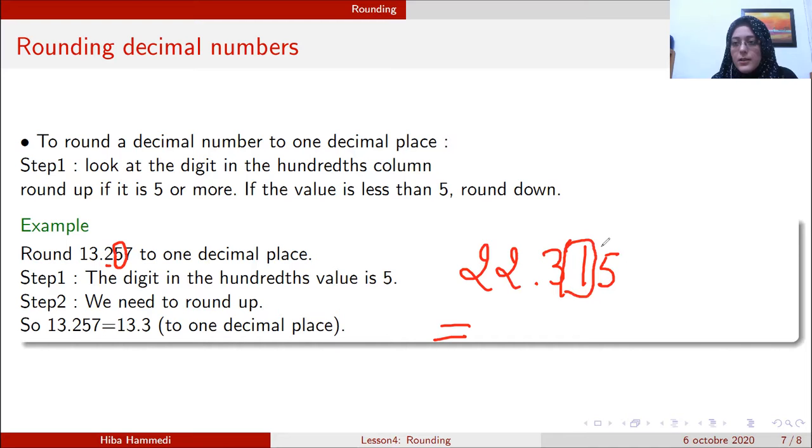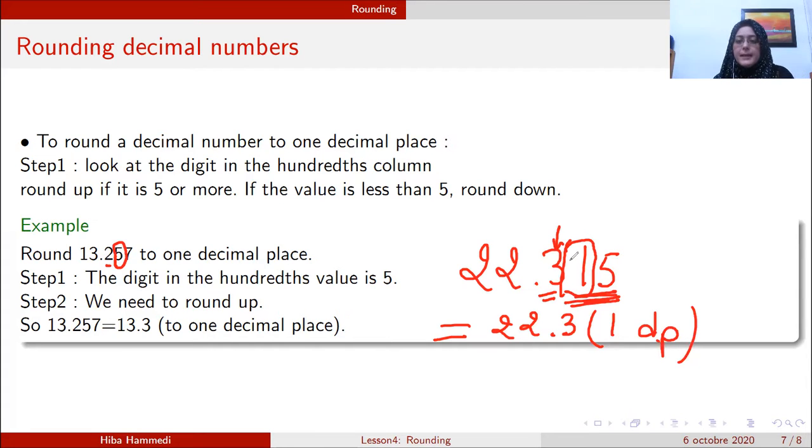The value of the hundredths is 1. 1 is less than 5, so I need to round this down. It means I will ignore whatever is after the place of the tenths, right? So it will be 22.3 to one decimal place, like that.